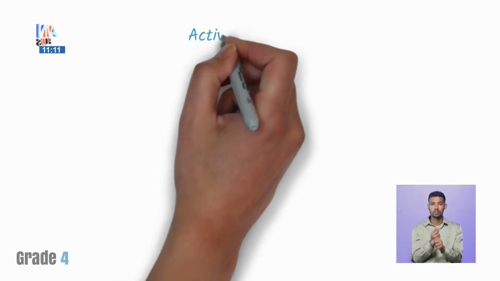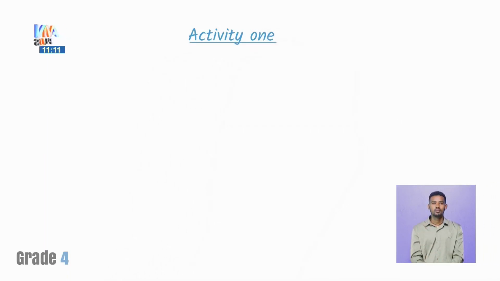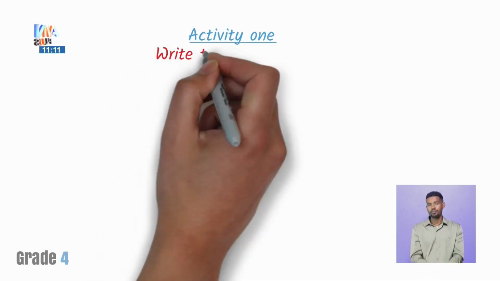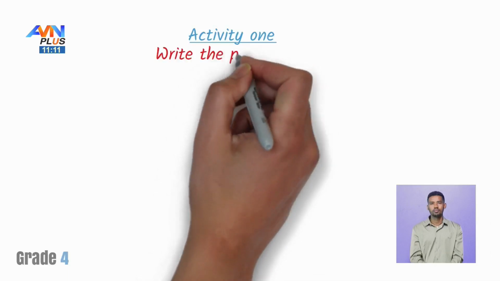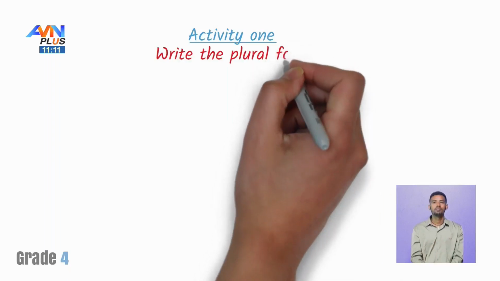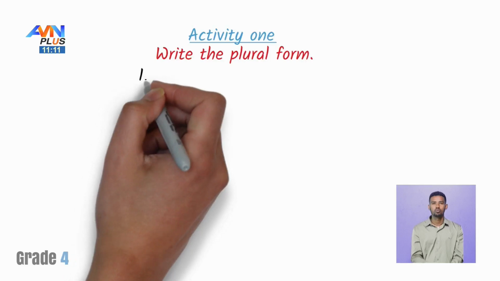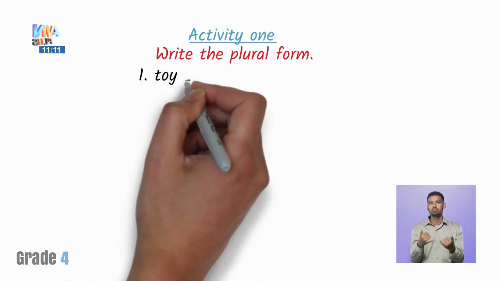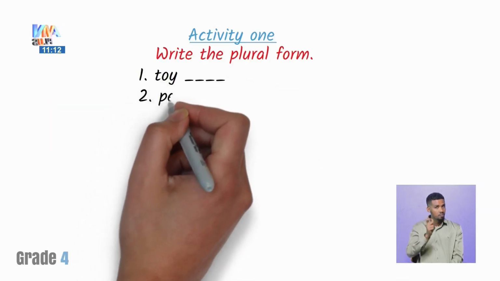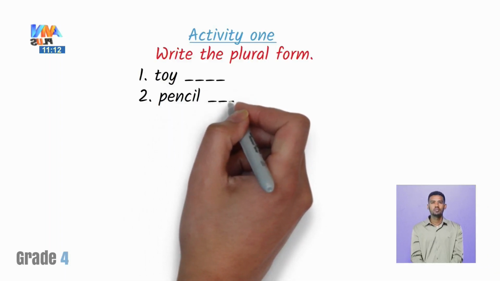Activity 1. Write the plural form. 1. Toy. 2. Pencil. 3.